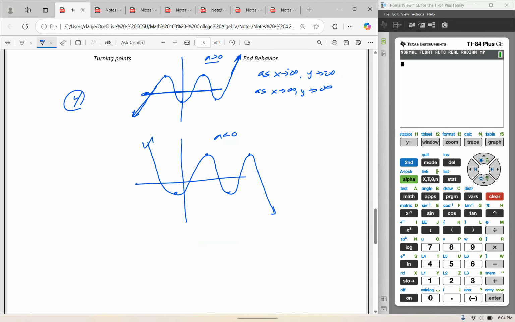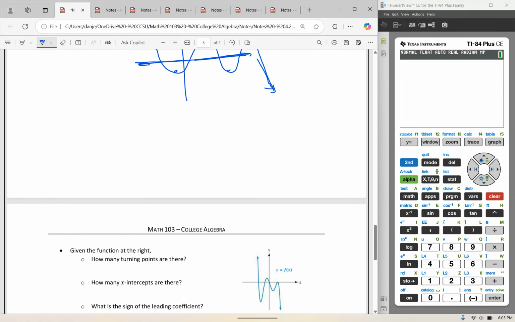And then if A is negative, notice we're going to look again as x approaches negative infinity and as x approaches positive infinity. Notice if we look to the left, the graph is pointing up. Y is approaching positive infinity. If we look to the right, the graph is pointing down. We're approaching negative infinity. Okay, so it's that simple.